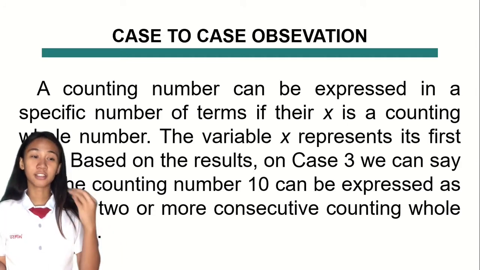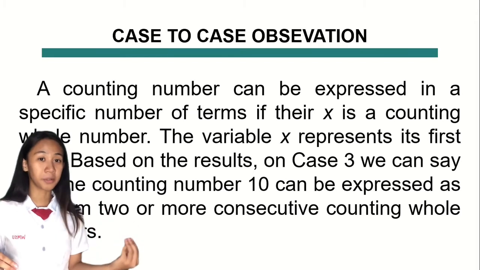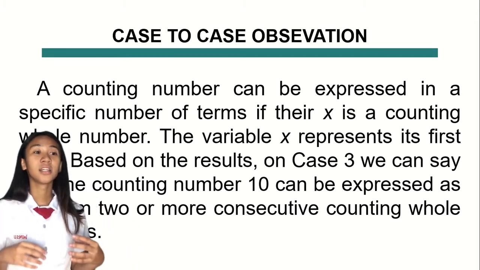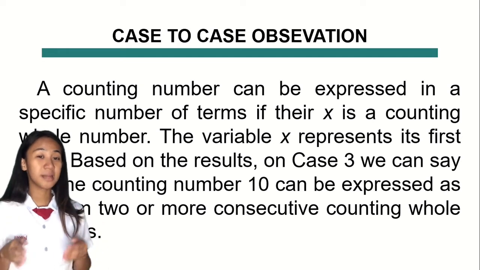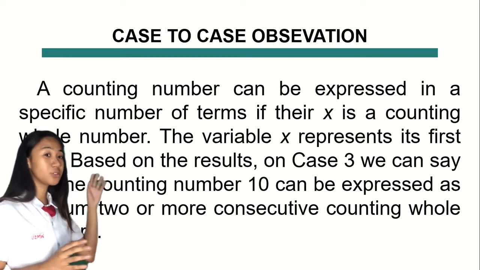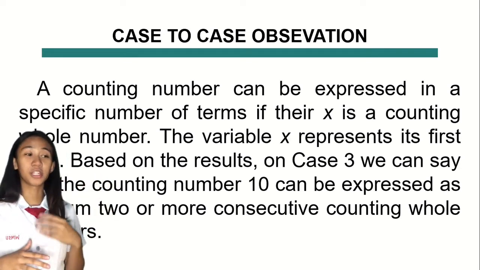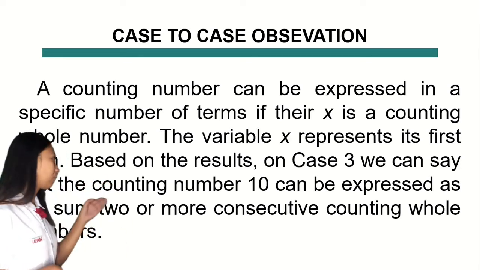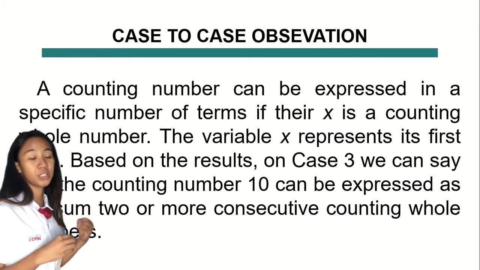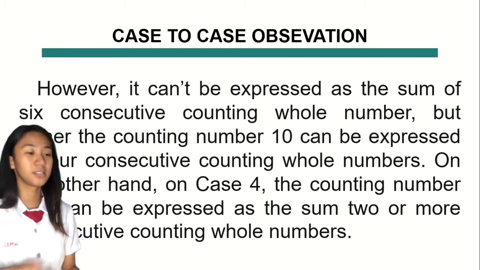So if it is not a counting whole number, therefore it cannot be expressed in that specific number of terms. So based on the results, we can say that on case number 3, the counting number 10 can be expressed as the sum of 2 or more consecutive counting whole numbers.